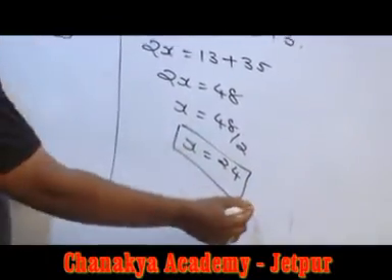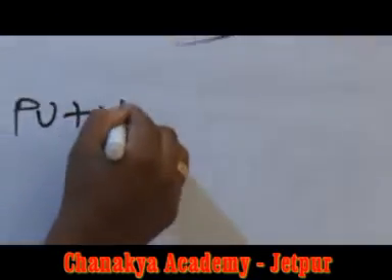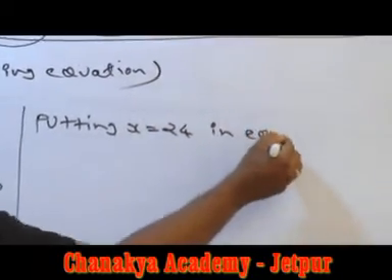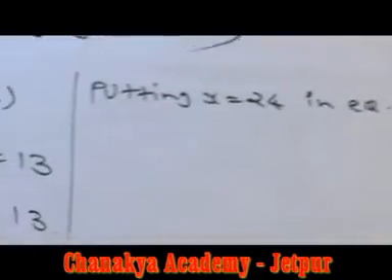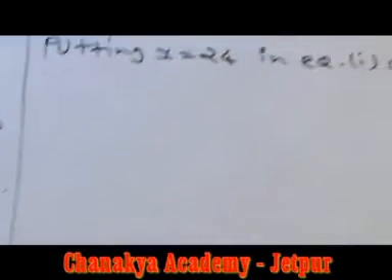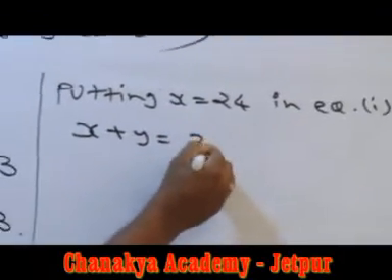Now substituting the value of x, putting the value of x equal to 24 in equation number 1, we get, okay, we have inputted the value of x equal to 24 in equation number 1. Equation 1 is x plus y equal to 35.